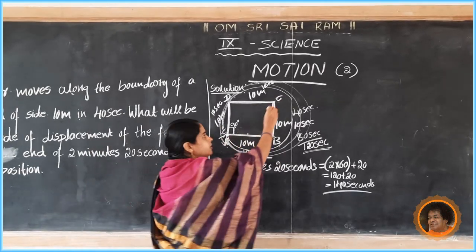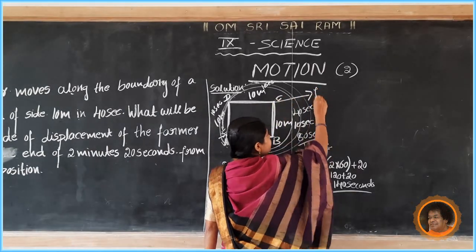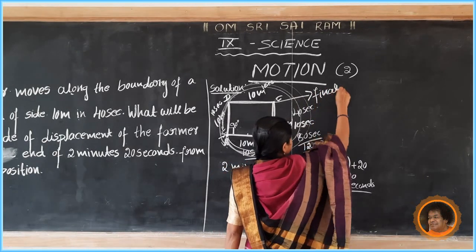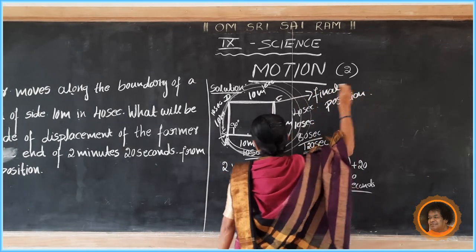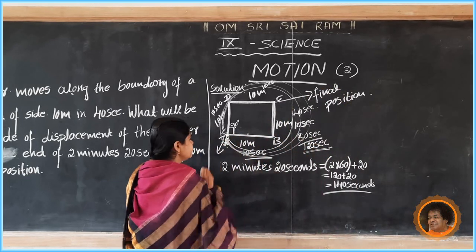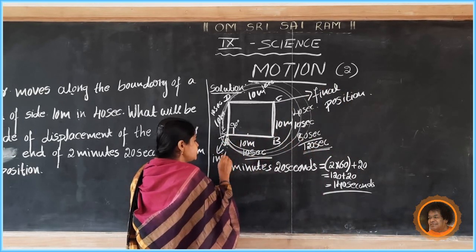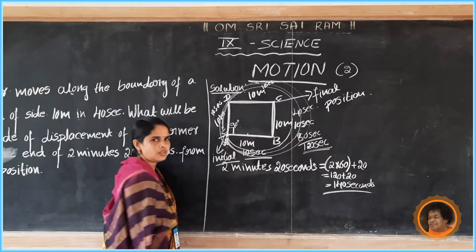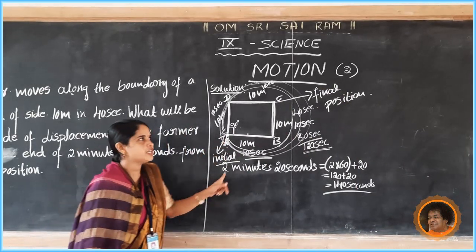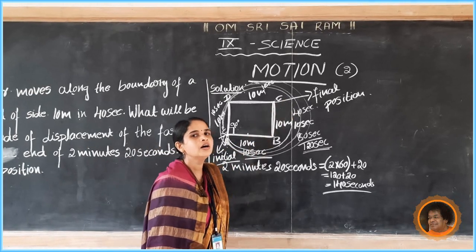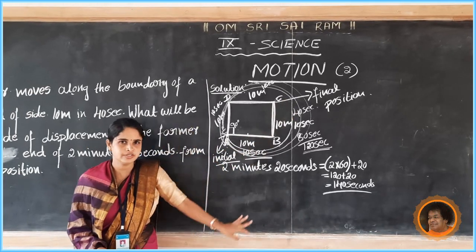It is C. So, C is the final position and A is the initial position.